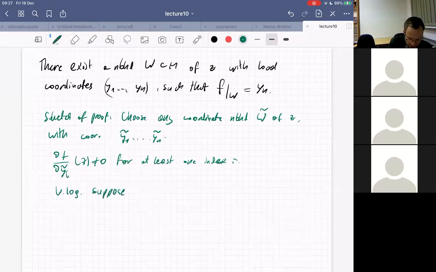So without loss of generality, suppose df over dy n tilde of z is non-zero.